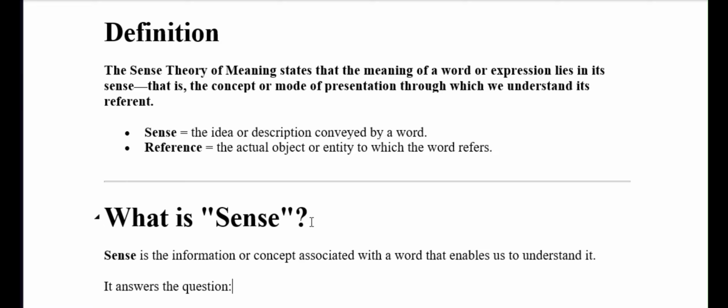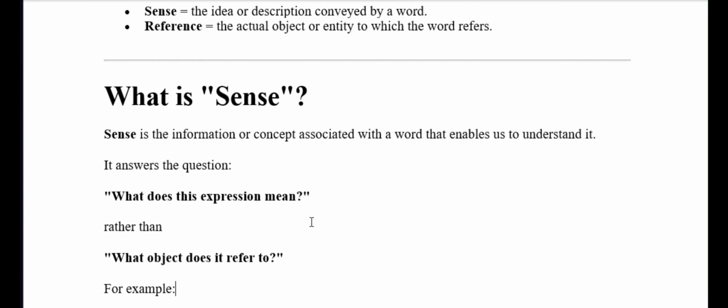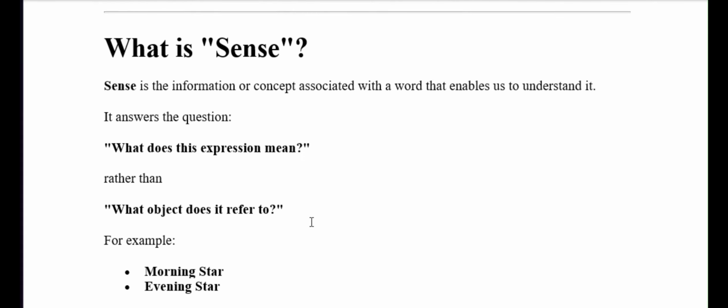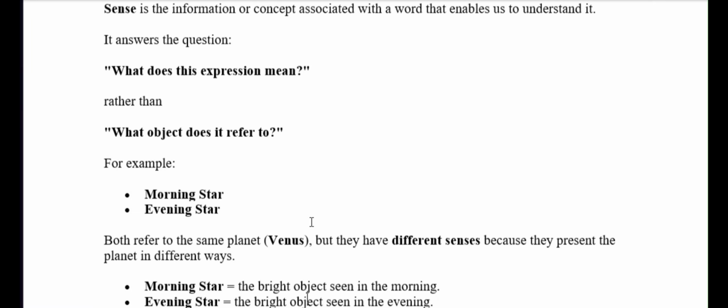Okay, it is written here that sense is the information or concept associated with the word that enables us to understand it. It answers the question, what does this expression mean, rather than what object does it refer to. The example given here is morning star and evening star. Now, morning star and evening star both refer to the same object, Venus.